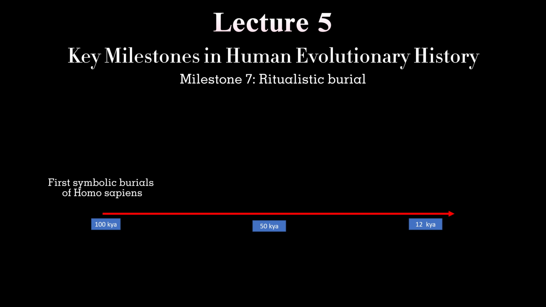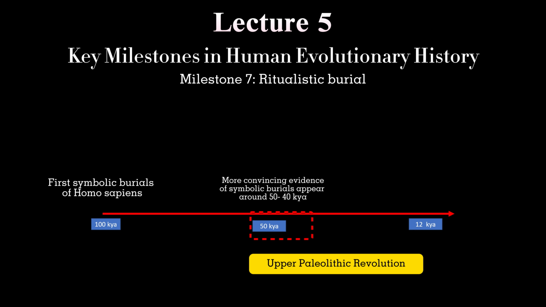More convincing evidence of ritualized burial practices does not appear until approximately 50,000 to 40,000 years ago, during the Upper Paleolithic Revolution, a period marked by the rapid and transformative expansion of Homo sapiens culture, which, as previously noted, also saw a remarkable proliferation of the arts, and which we associate with the emergence of language. Ritualized burial may represent the earliest cultural practice arising from the newly invented linguistic capacity to externalize mental imagery.